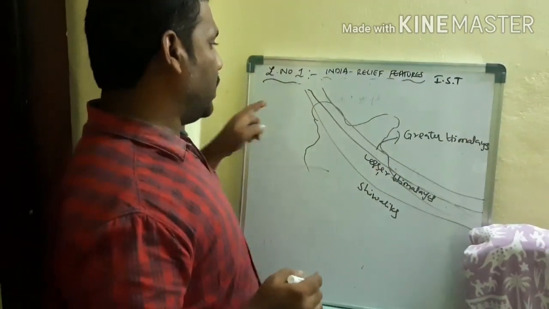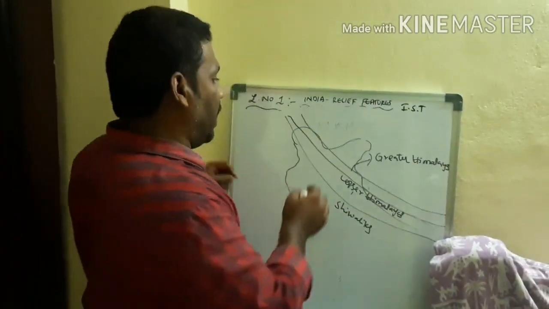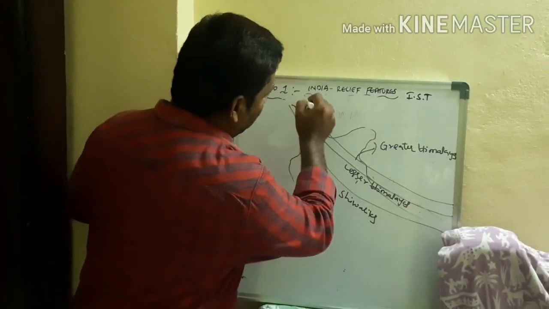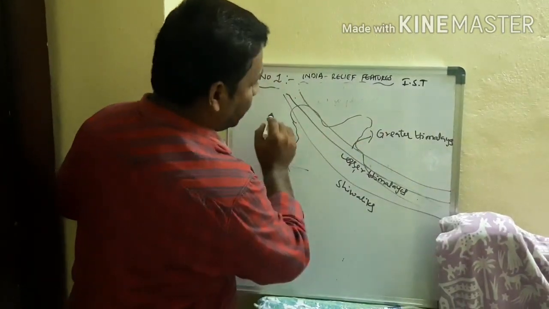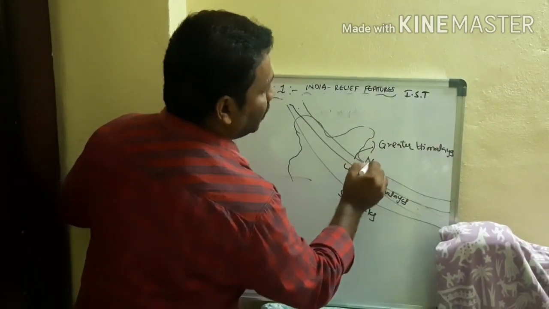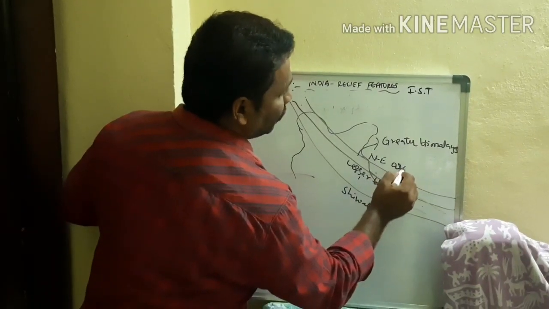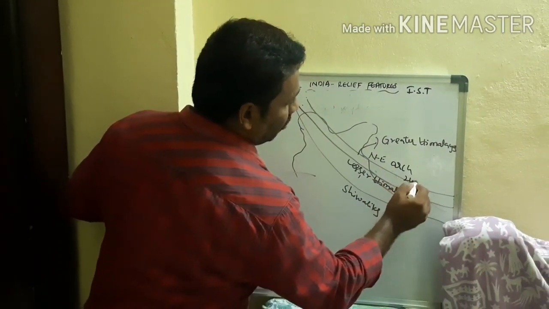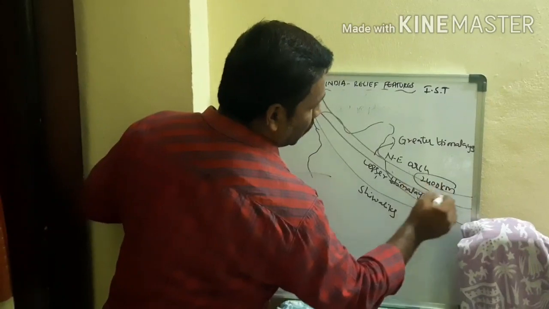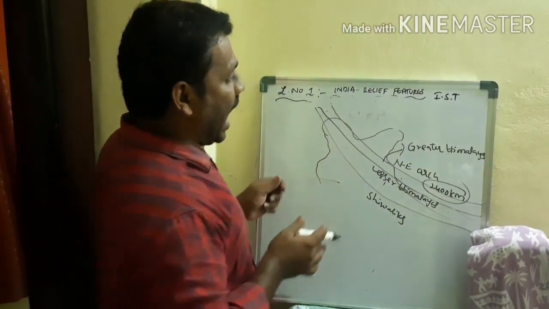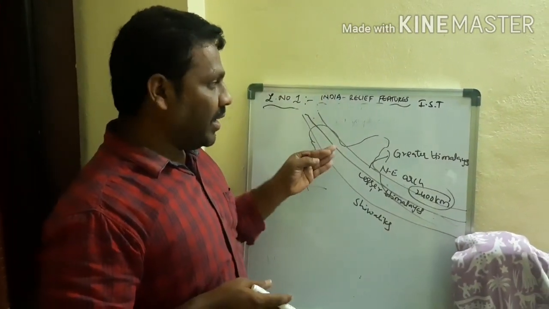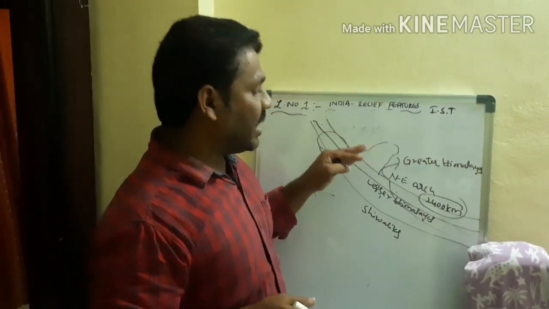These 3 parallel ranges run how? From west to east, in a north-east direction like an arch. It has 2400 kilometers of spread, with a variation of elevation. In different areas it has a different height.